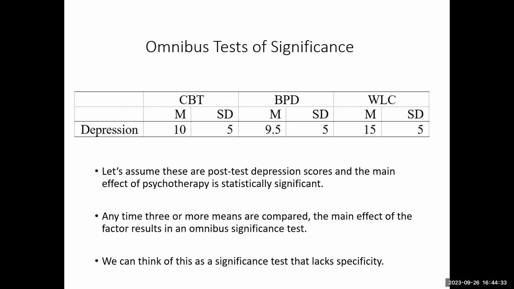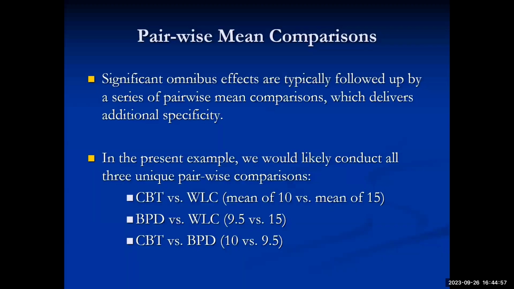What the word omnibus means in this context is that the significance test lacks some specificity. Essentially, if we reject the null hypothesis that all population means are equal, we're not exactly sure where the differences might lie. In order to probe those differences, we have to do some additional analyses, which leads me to my next slide, titled Pairwise Mean Comparisons.